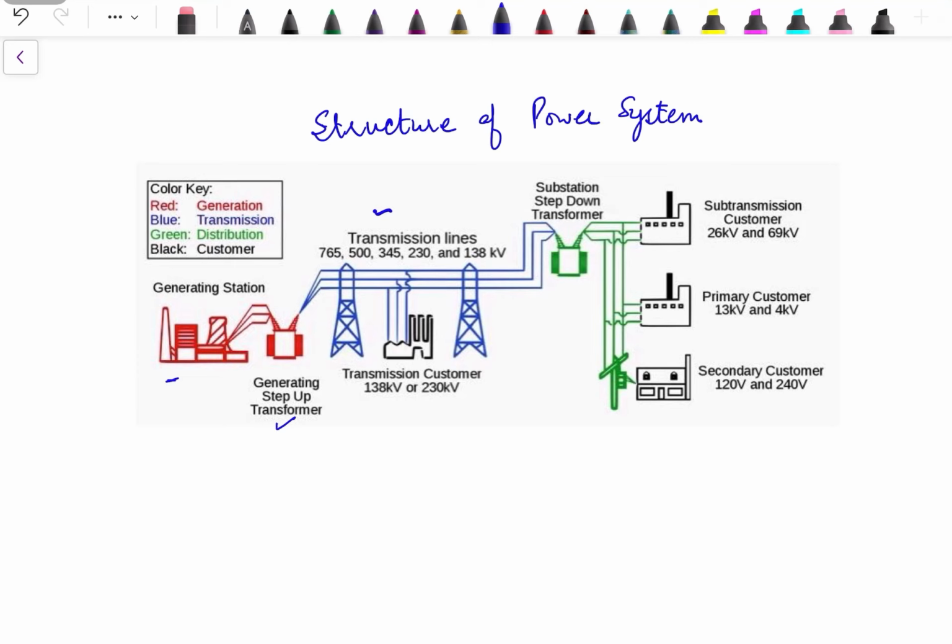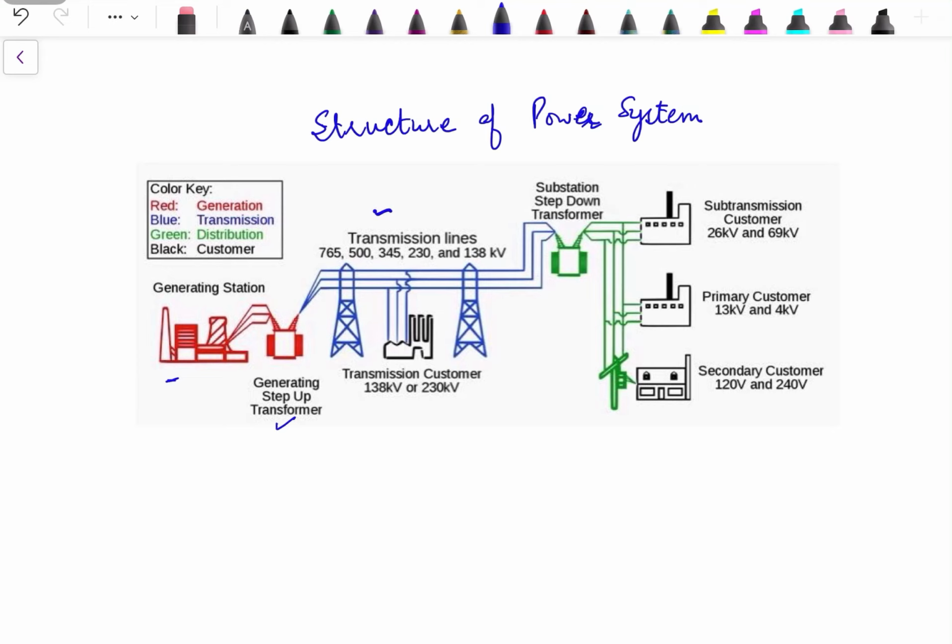Now it's necessary that power transmission should be done at a higher voltage level in order to reduce the conductor size, because once we have a higher level of voltage, for maintaining the same power the current level reduces, and when the current level reduces then the conductor size also reduces.